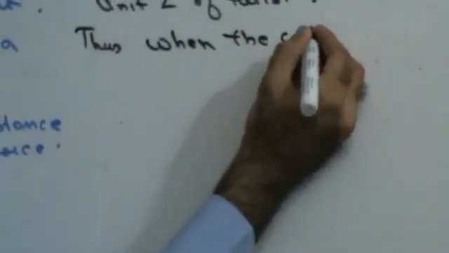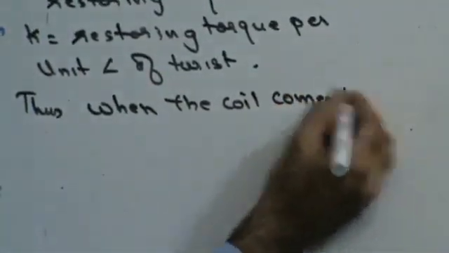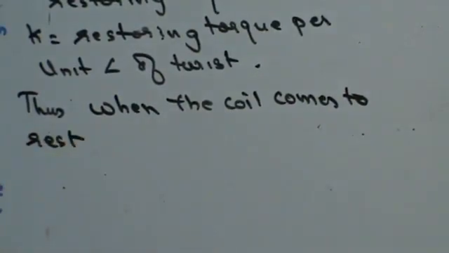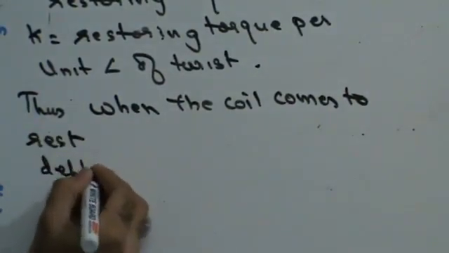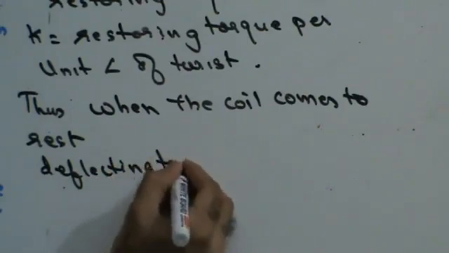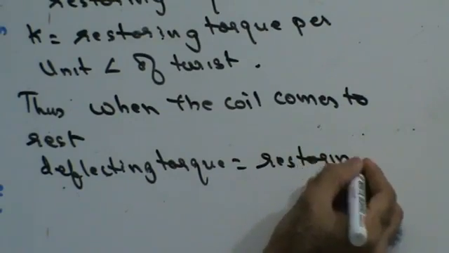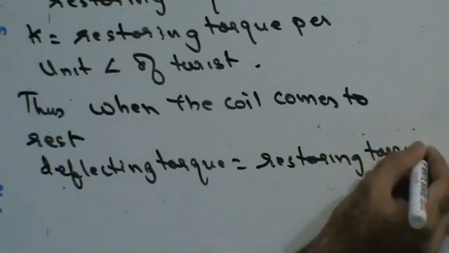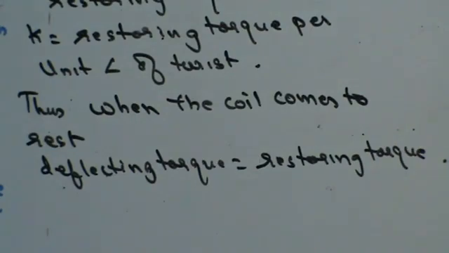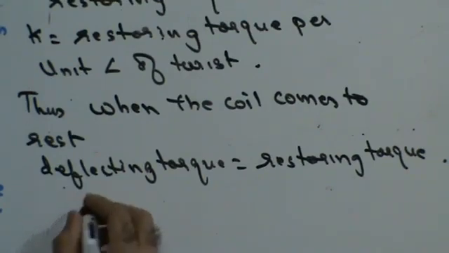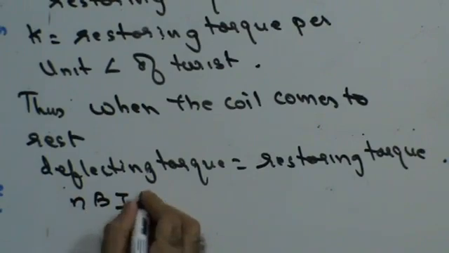Thus, when the coil comes to rest, the deflecting torque is equal to the restoring torque. Deflecting torque for n number of turns is going to be nothing but n into BIA.